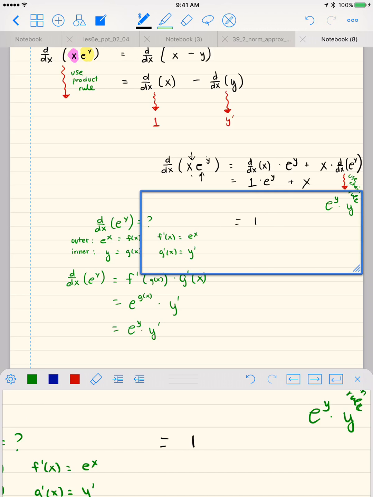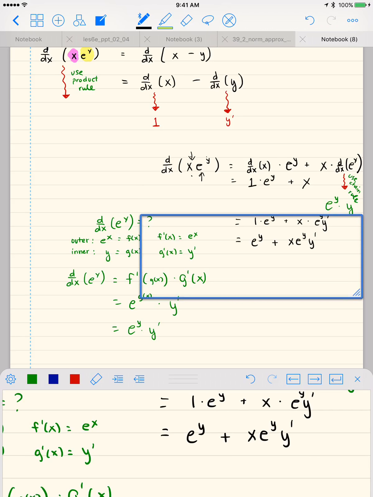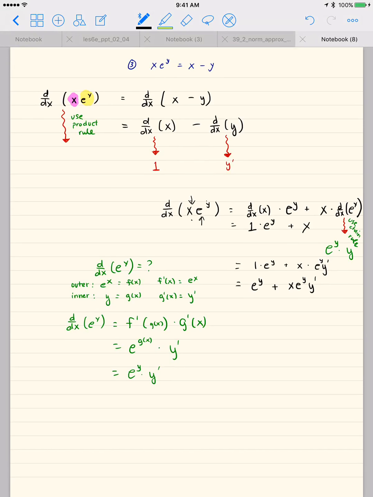So we've got our 1 times e to the y plus x times e to the y, y prime. So we'll just have e to the y plus x e to the y, y prime. And so now this copy we placed over here.